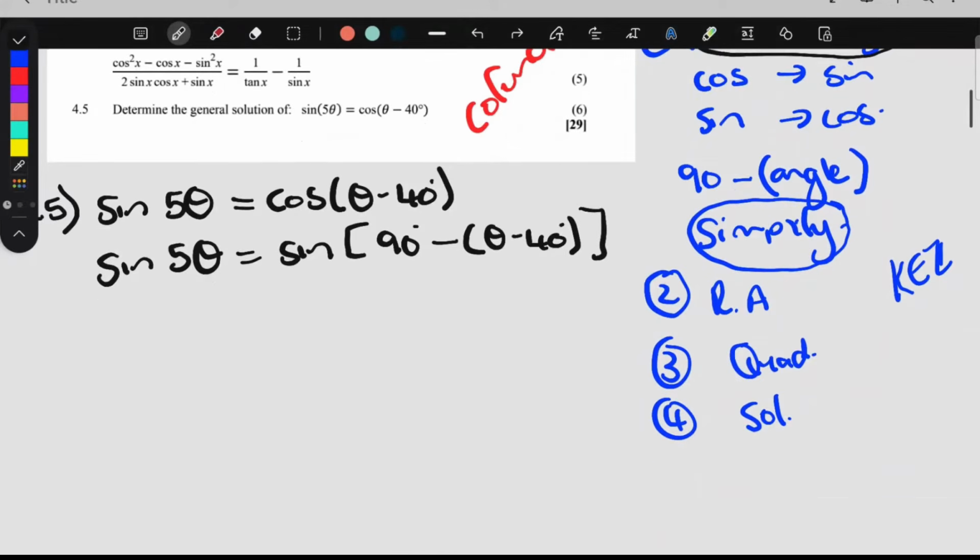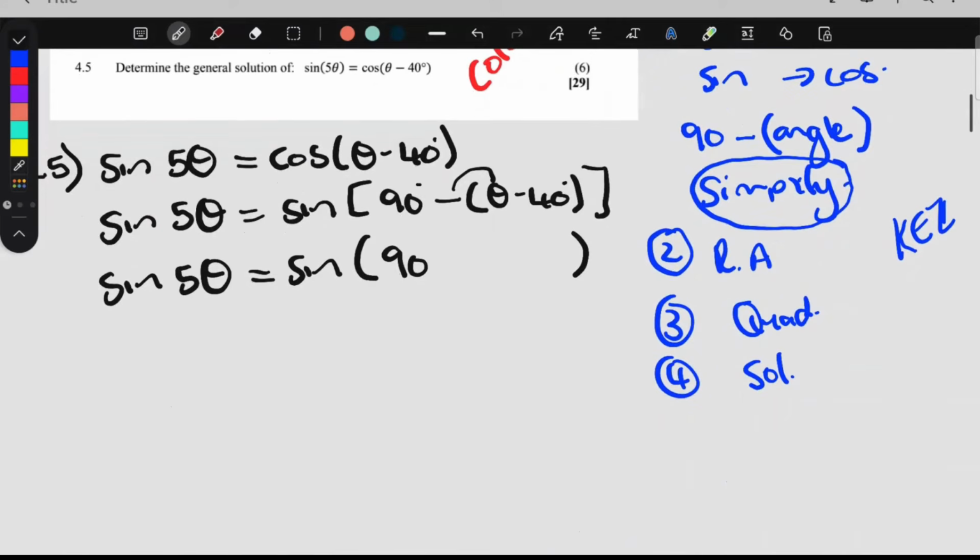Now, I must first simplify. So I write everything else down. Sine stays sine. Now, inside this bracket, I'm going to simplify. Negative times theta is negative theta. A negative times a negative is a positive. Okay? I can still simplify because there are like terms here that you can add up.